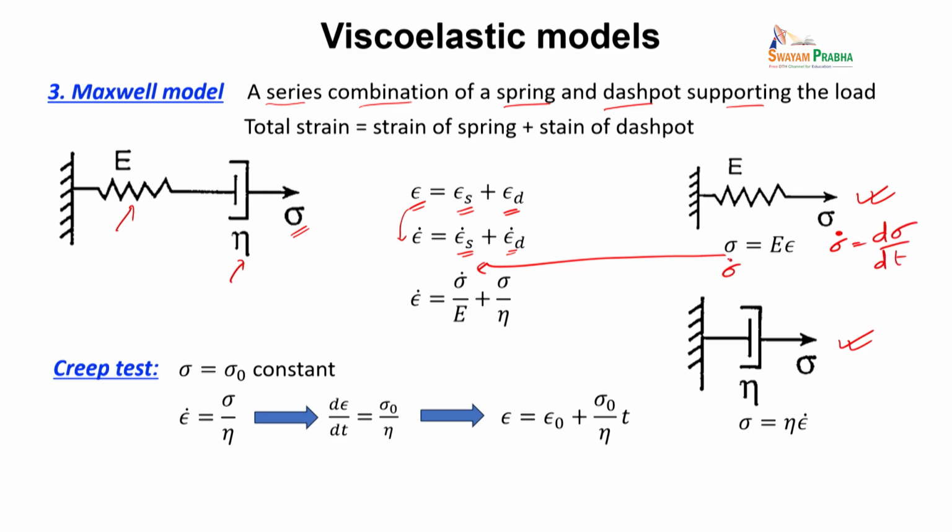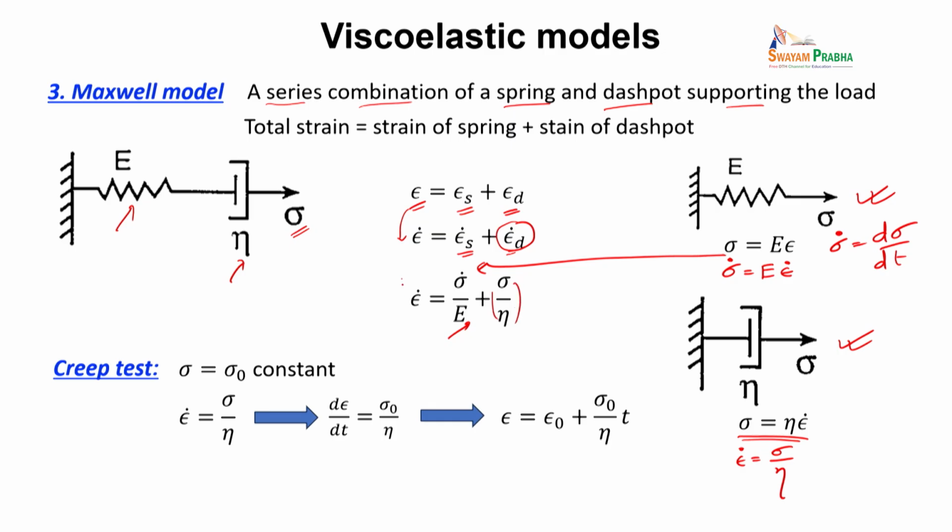So epsilon dot is nothing but sigma dot divided by E, E being constant. This comes from the elastic part, whereas for the dashpot we already know that the stress is proportional to strain rate. So we can directly write epsilon dot is sigma by eta. That's what is being substituted here.